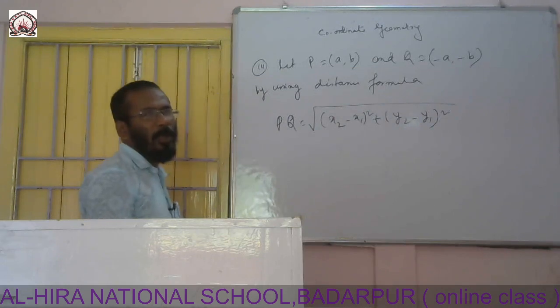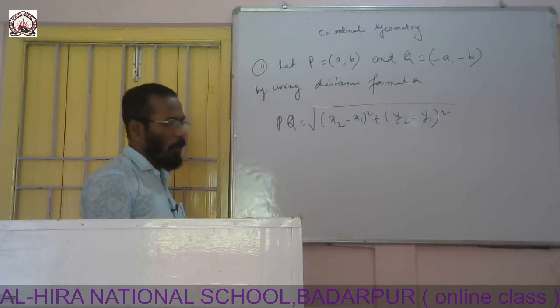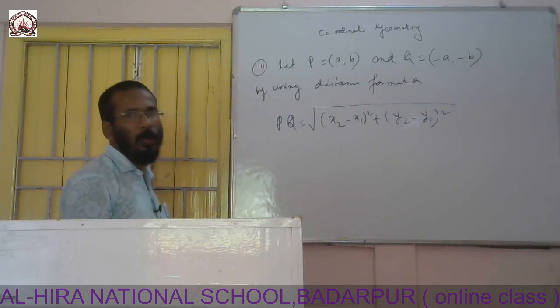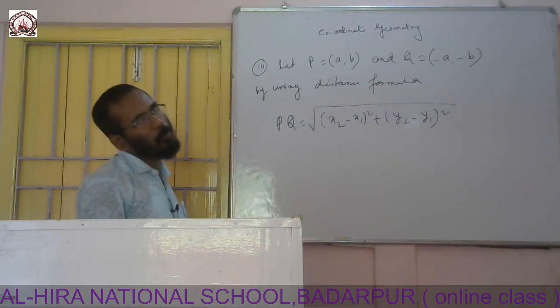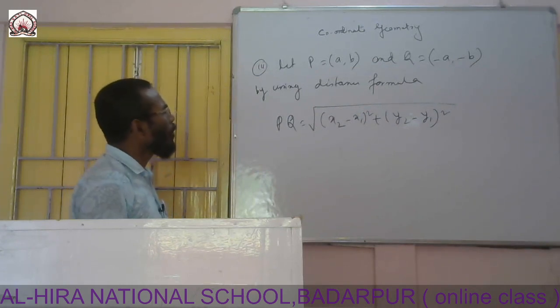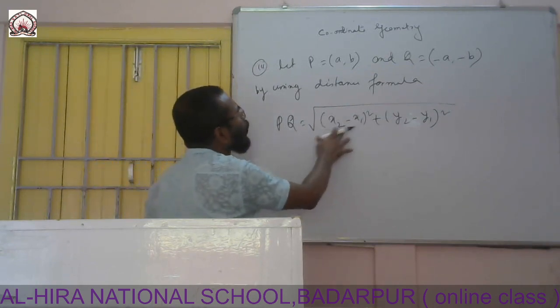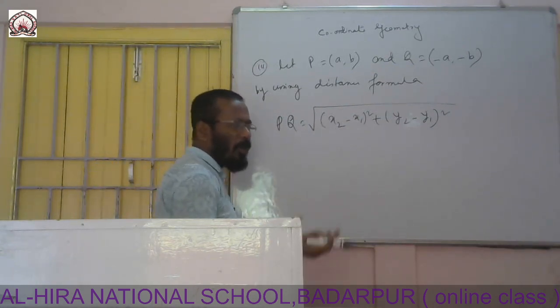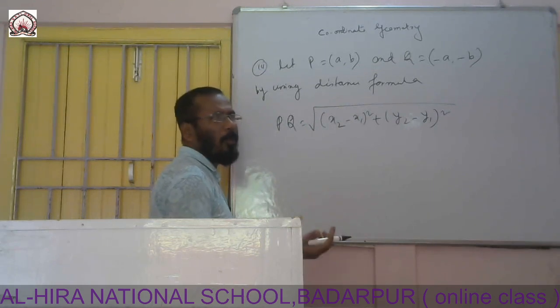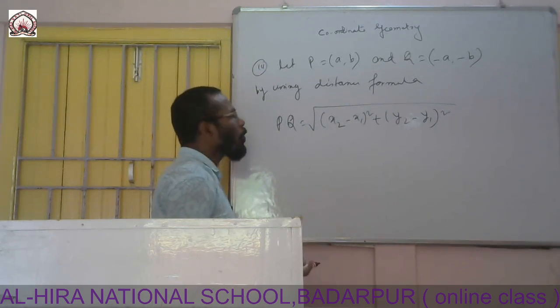If I write x1 minus x2, then also no problem, because the square of minus is also positive. As usual we write x2 minus x1, y2 minus y1, but if you write x1 minus x2, y1 minus y2, then also no problem.